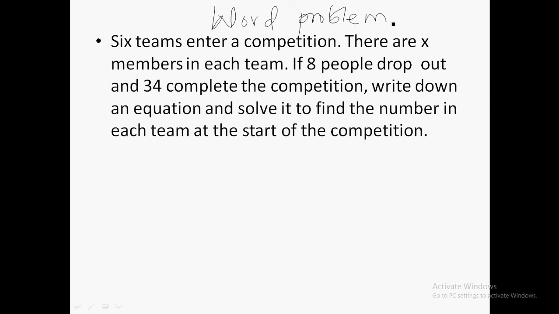So 6 teams: first team, second team, third team, fourth team, fifth team, and sixth team. Each team has x members, meaning we do not know the exact number of members in each team.